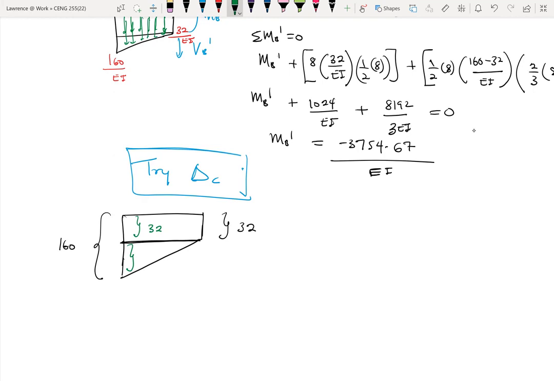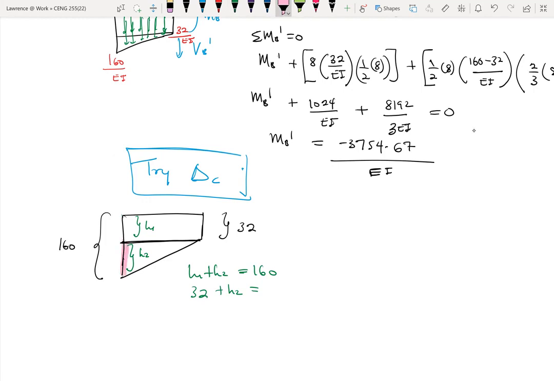Let me say height 1 and height 2. So height 1 plus height 2 should give us 160. So if the height of the rectangle is 32, then what would be the height of the triangle? This portion right here.